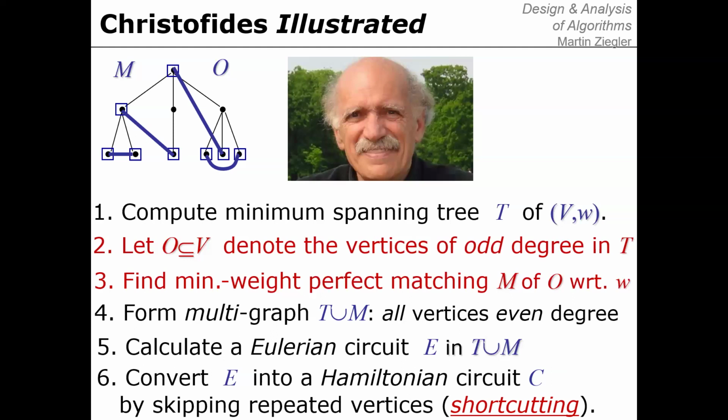Not to mention a minimum weight perfect matching. And that's because, well, here's a complete graph among the vertices of odd degree. There's an even number of vertices of odd degree. That's the handshake lemma, also an item in homework number 6 that you're asked to prove.